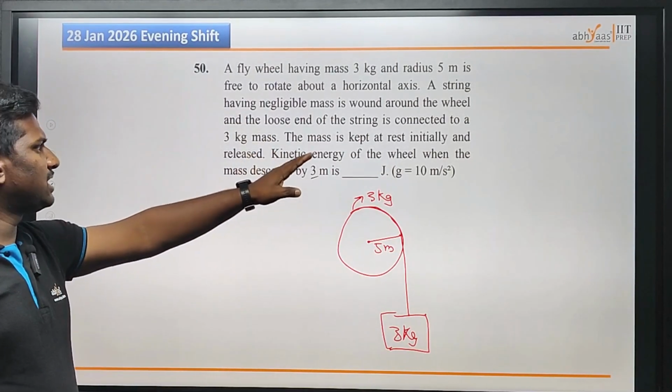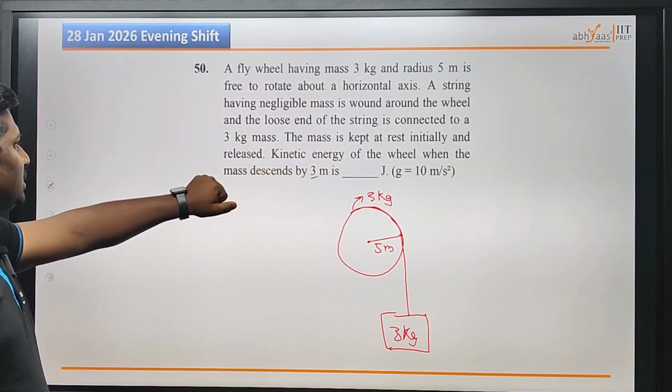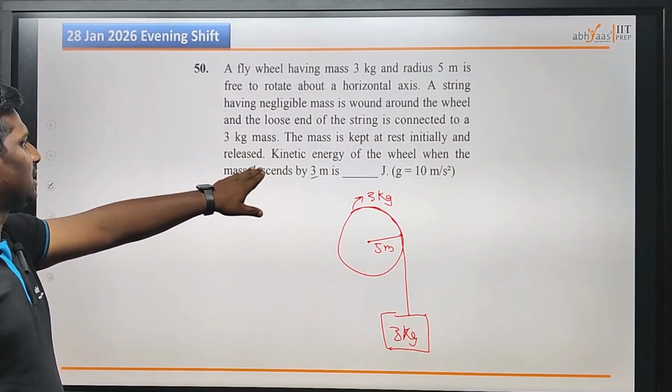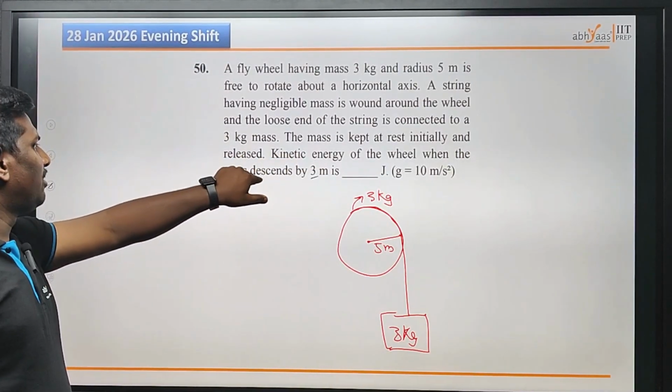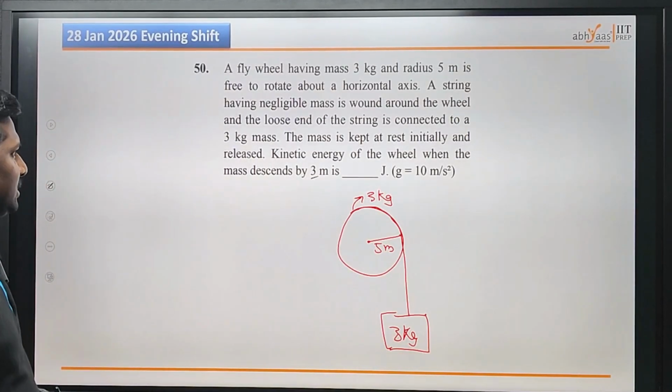The mass is kept at rest initially, so u is 0 initially, and released. The kinetic energy of the flywheel when the mass has descended by 3 m is.